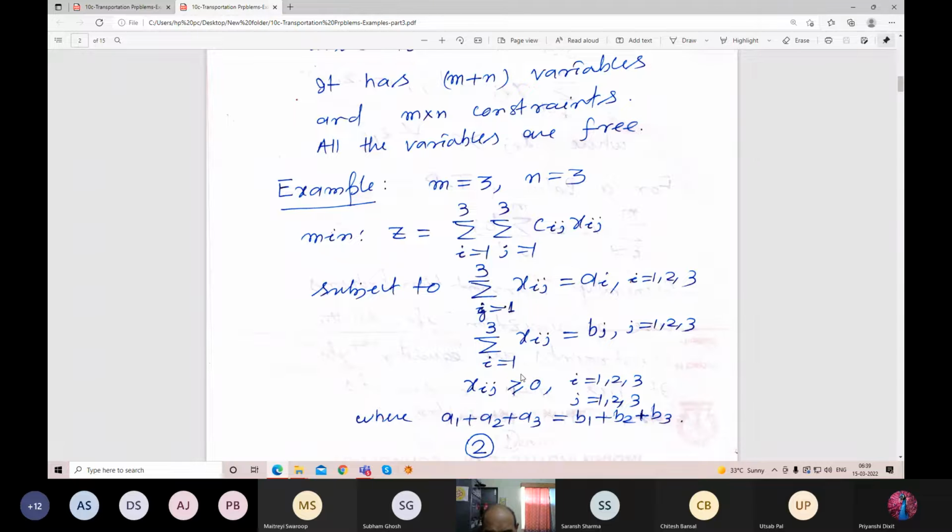Then summation over i varies from 1 to 3, xij equal to bj, j varies from 1 to 3. So in this primal one, we have 9 primal variables: x11, x12, x13, x21, x22, x23, x31, x32, x33.